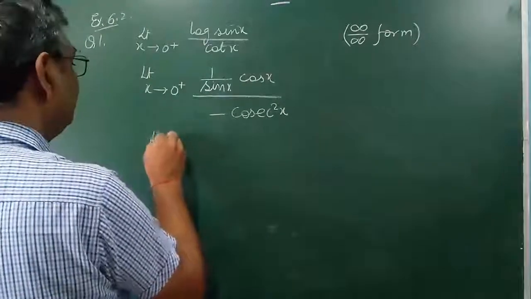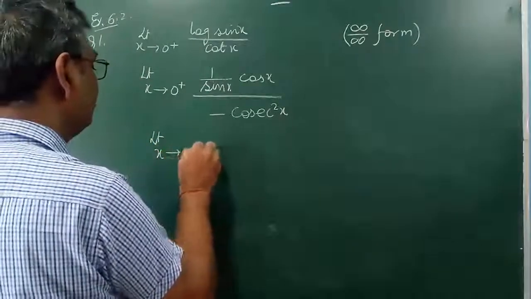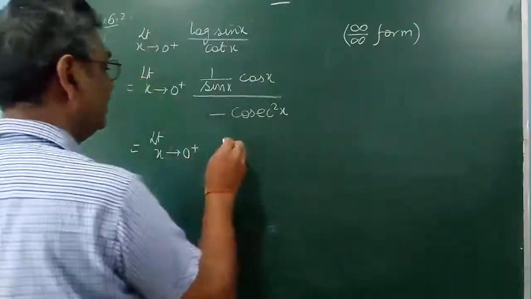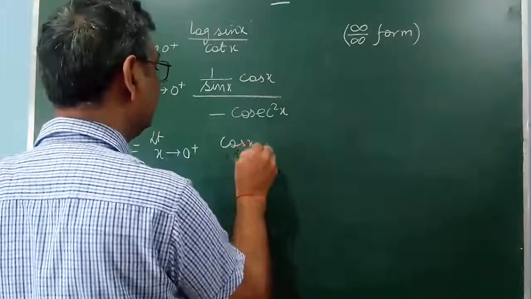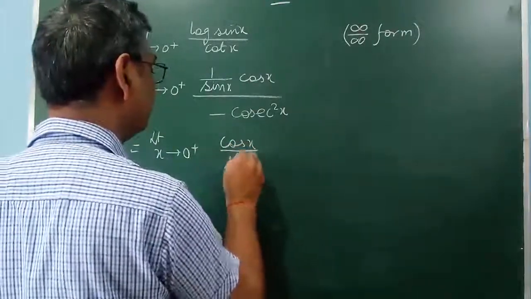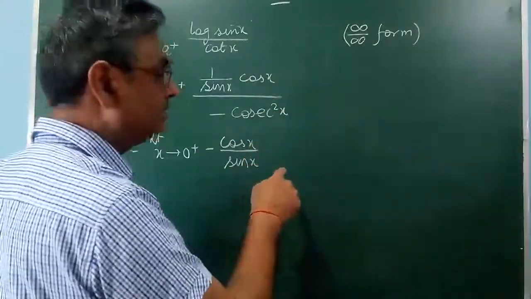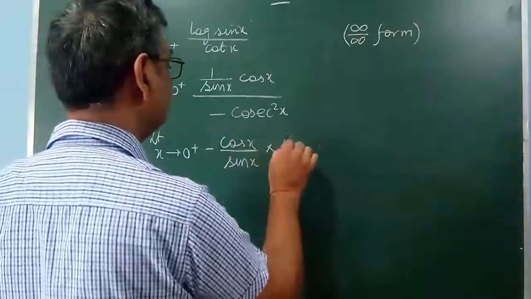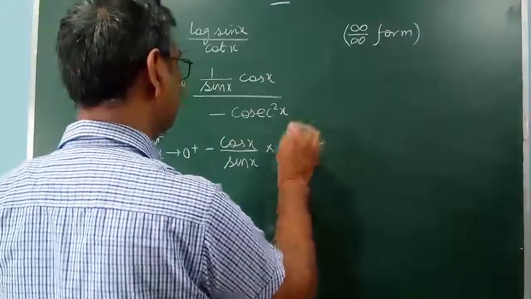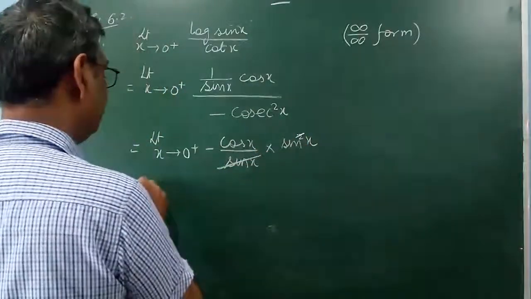That implies limit x tending to 0 plus cos x upon sin x, and this cosec square x will be 1 upon sin square x. So we can write here sin square x. Here this will be getting cancelled.